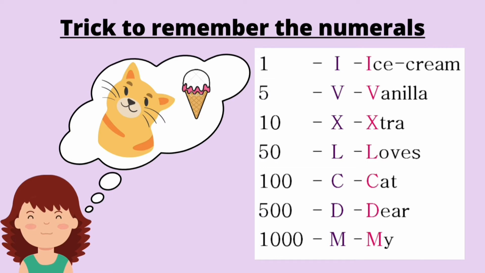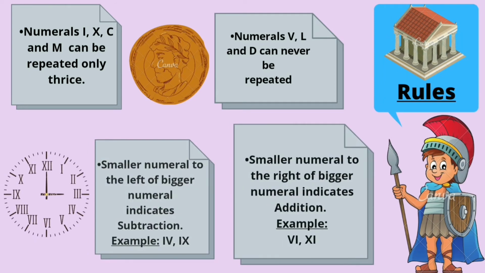So, whenever a question is asked in an exam with respect to Roman numerals, the first thing you can do is write the values and then start writing the numerals, that is the initial letters from bottom to top. Like this, you are good to answer any type of question related to Roman numerals.